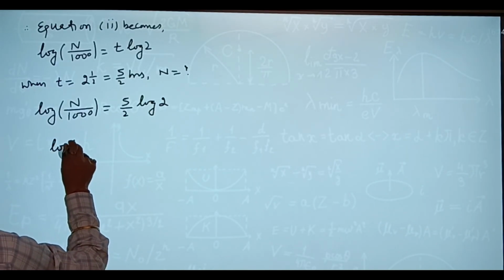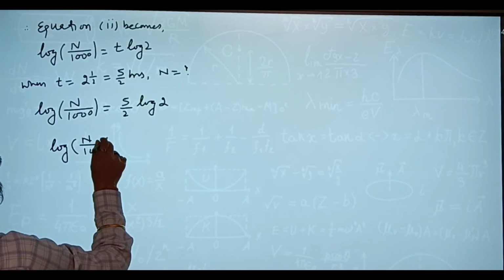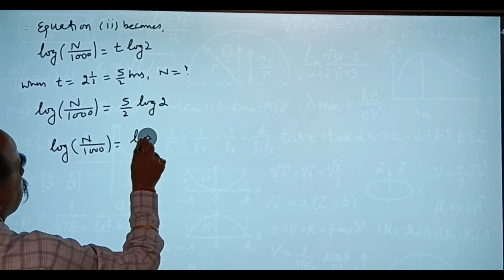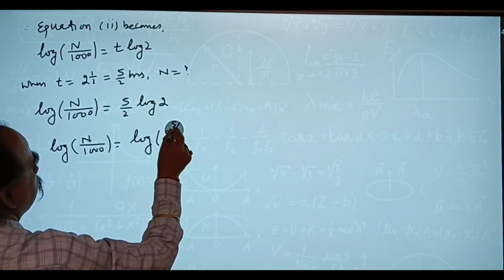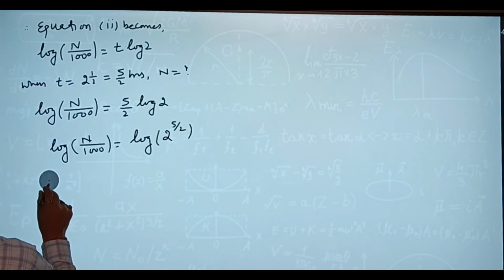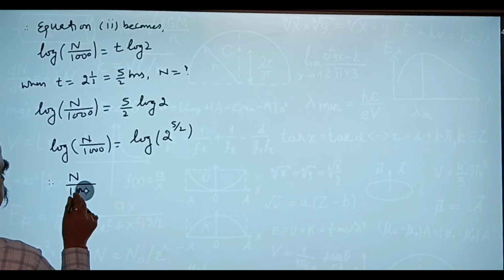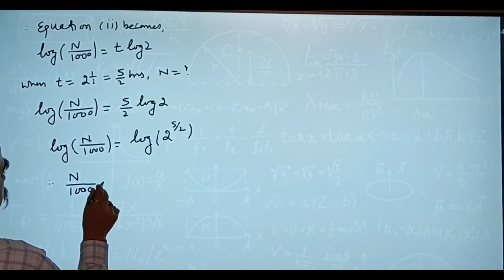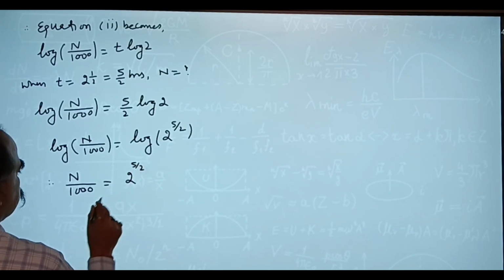So log n upon 1000 is log 2 raised to 5 by 2. So n upon 1000 is what? 2 raised to 5 by 2.